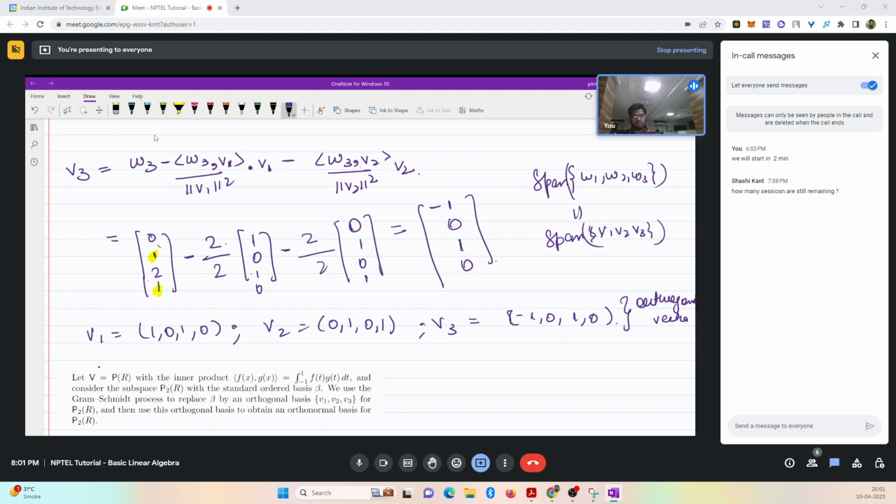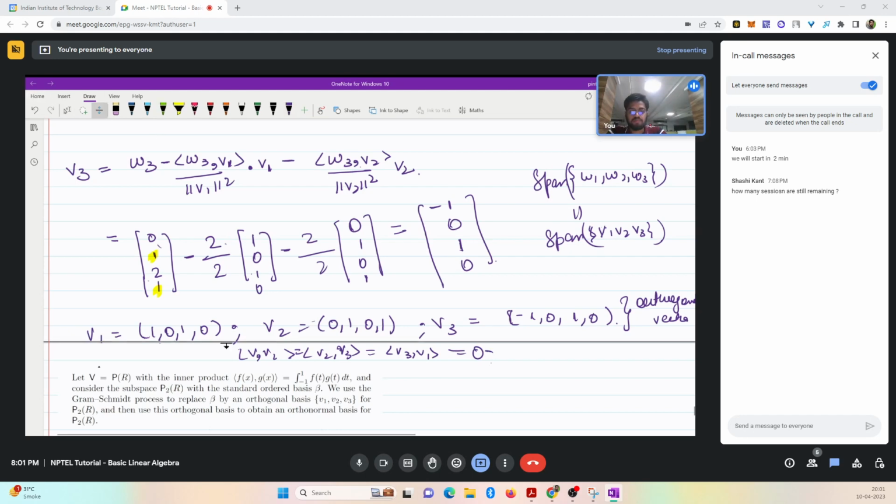You can easily check that if you take the dot product of these, it would be 1 times 0 plus 0 times 1, 0, everything. This would be 0 if you take any combination, V1, V2 or V2, V3 or V3, V1. This is always 0. You can check that whatever you obtained are in fact orthogonal.